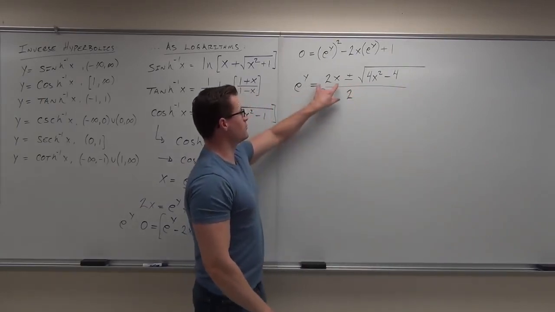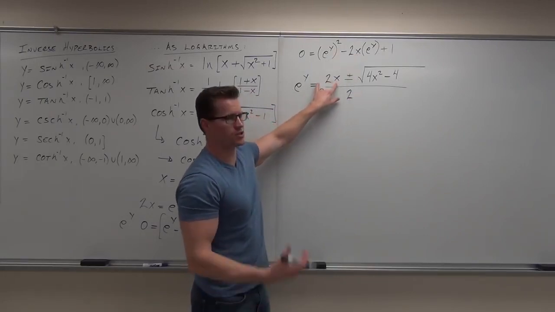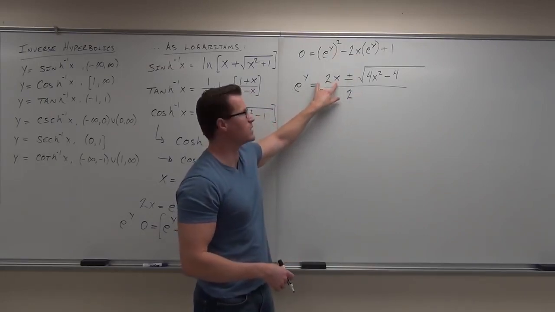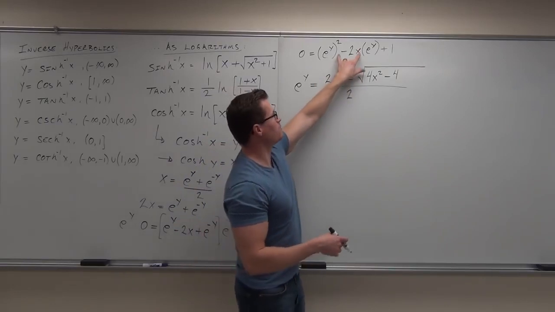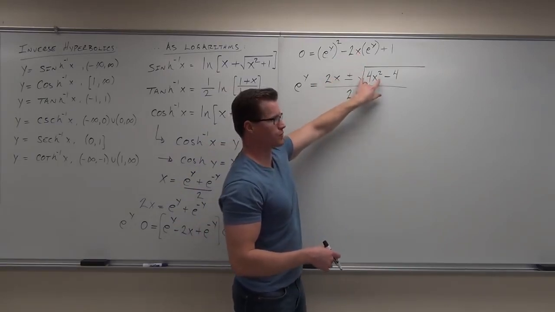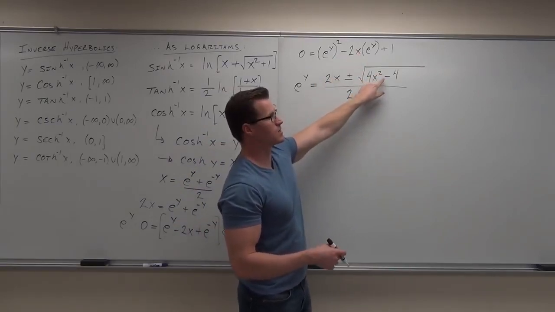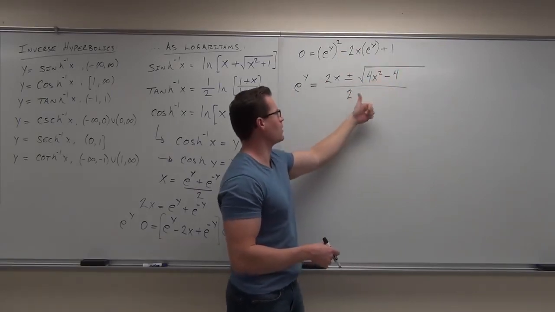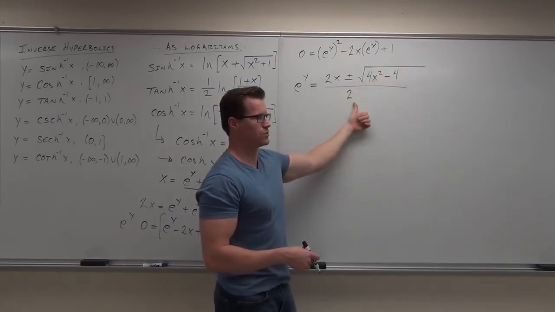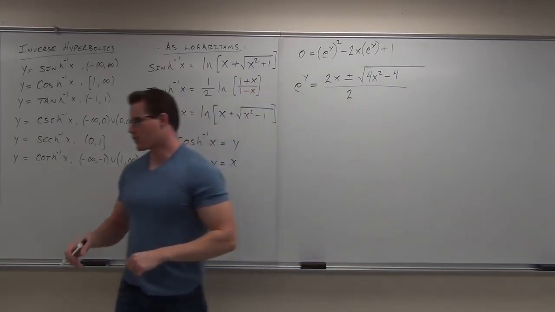So this is negative b, hey, negative b. Sign change because I'm taking the opposite of that. So negative b, plus or minus square root, no problem. b squared, this thing squared is 4x squared. Minus 4 times a times c, a is 1, c is 1, so we get minus 4. All over 2. We okay with that so far? Okay. So let's keep on working on that.